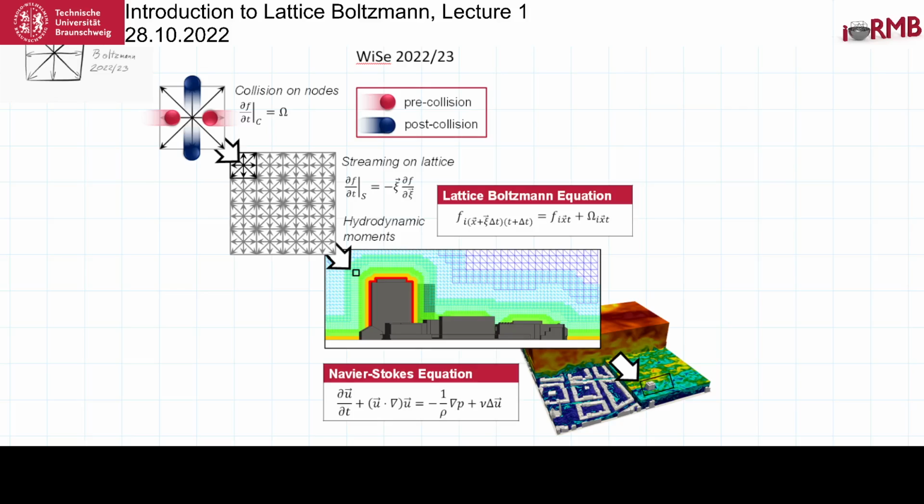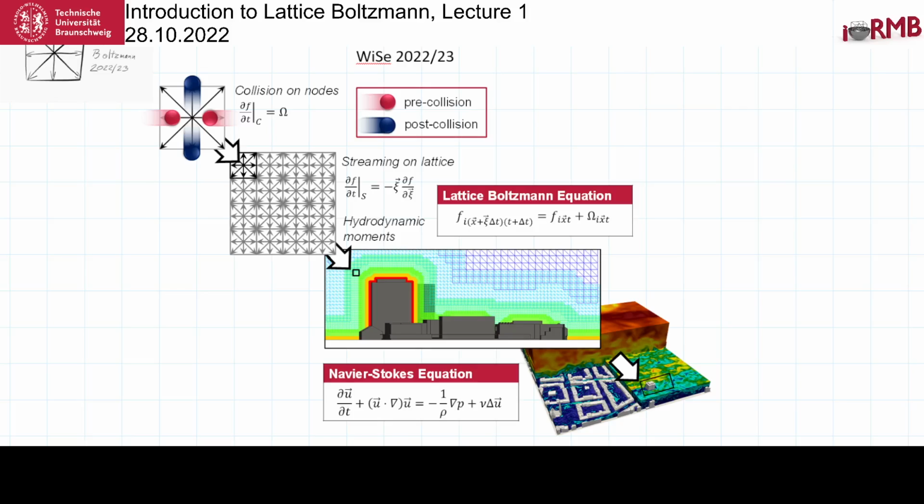Okay, introduction to Lattice Boltzmann method. Very briefly in the beginning, what all of this is about. We are looking at a crazy method that uses particles that are moving on what we call a lattice. So this is a regular arrangement of points in space.